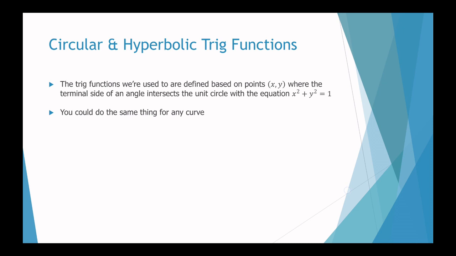And the unit circle has this property: x squared plus y squared is equal to 1. So we should be able to do the same thing with any curve, albeit some curves don't look real nice, and their equations or their properties, their functions, wouldn't either. So we don't do it with every curve, but we do it with hyperbolic.